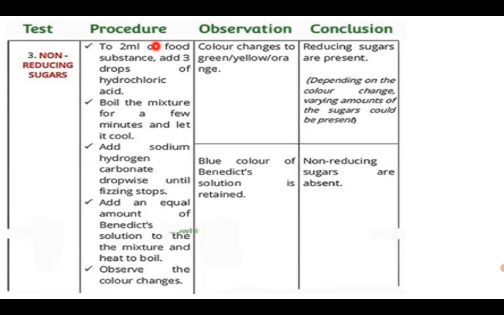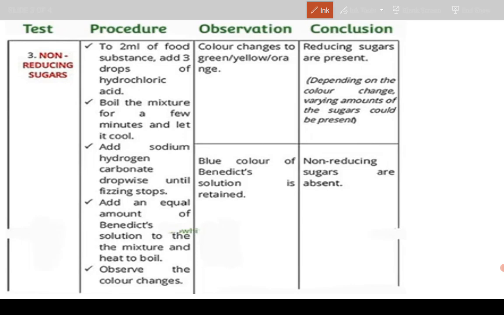To 2 ml of food substance, add 3 drops of hydrochloric acid. So let's suppose that you have a food sample that you are testing for sugar.